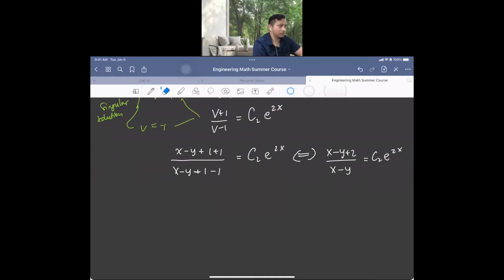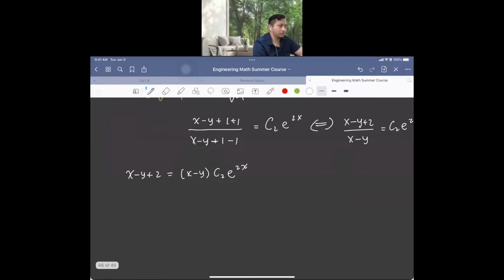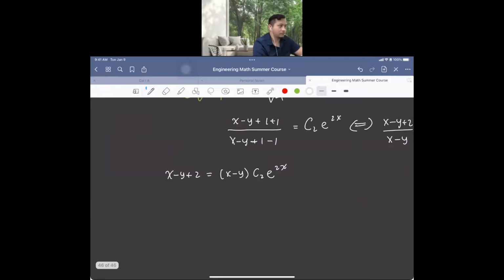Now solving this, x minus y plus 2 equals c2 x e to the 2x minus y c2 e to the 2x.